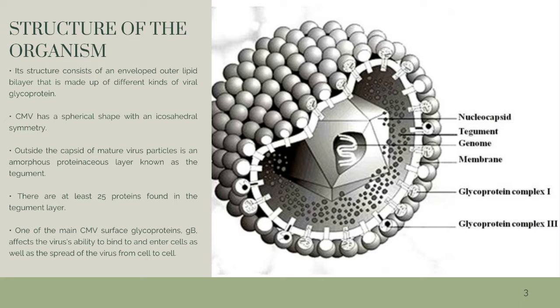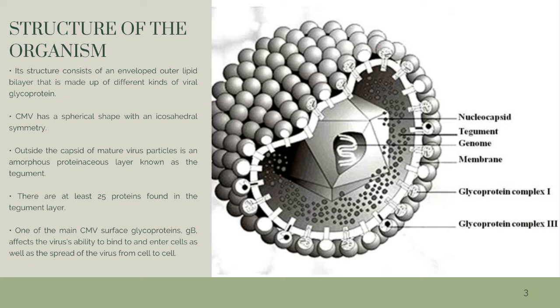Outside the capsid of mature virus particles is an amorphous proteinaceous layer known as the tegument, which is surrounded by a lipid envelope produced from host cell membranes. There are at least 25 proteins found in the tegument layer, so take note of that.